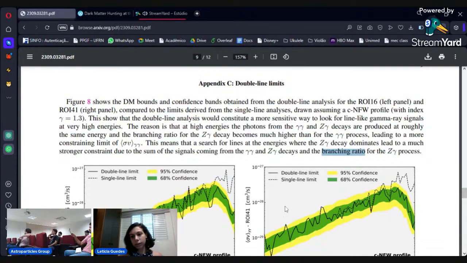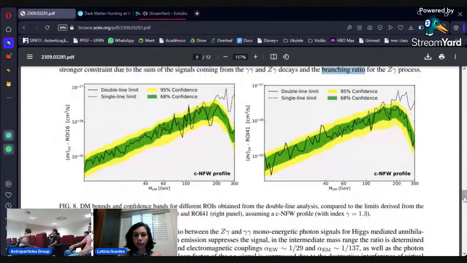Oh, it's the double line, because the single line has already been done a certain number of times. I think the main thing of this paper is to get this double line analysis, and it actually gives more constraints. In lower energies, it doesn't differ, but in bigger energies, it can give more constraints. So it's more important than the single line.